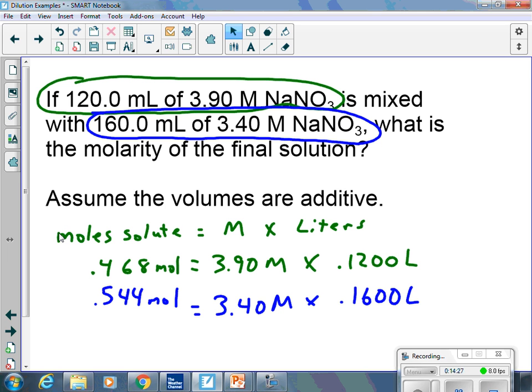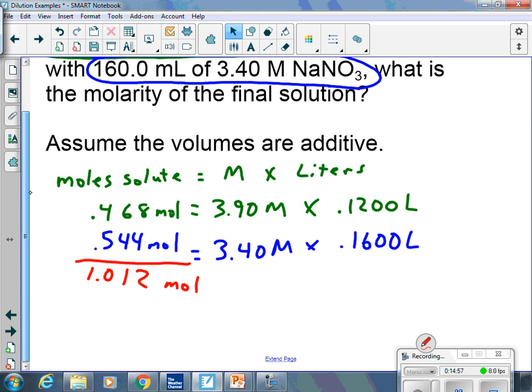I need to add those two together. So I get 1.012 moles. So that is the number of moles in my total solution.